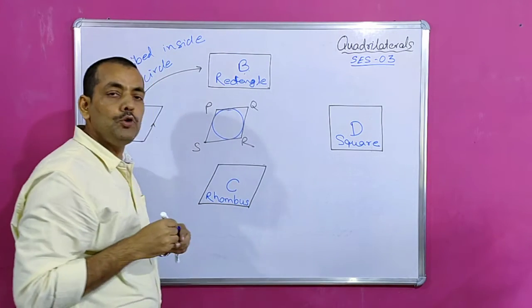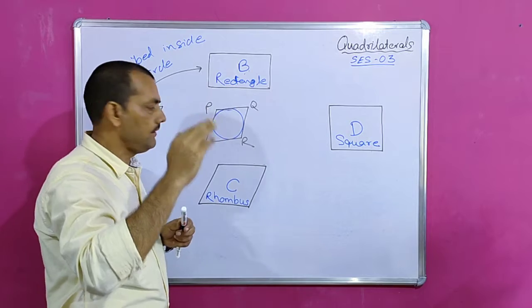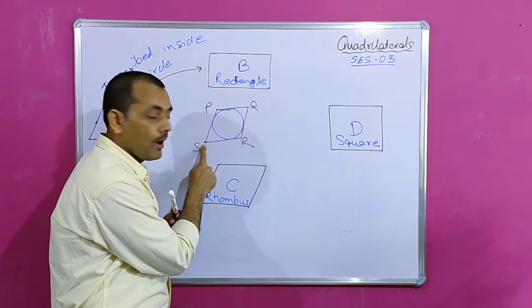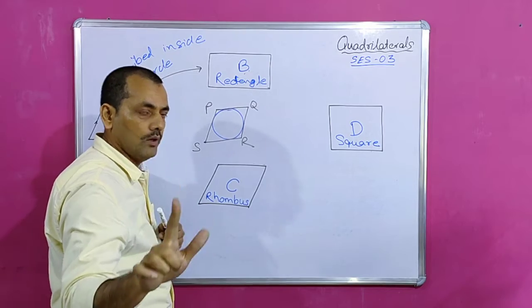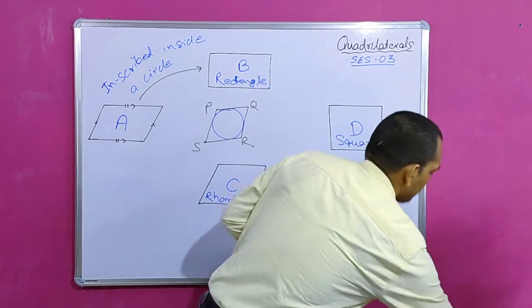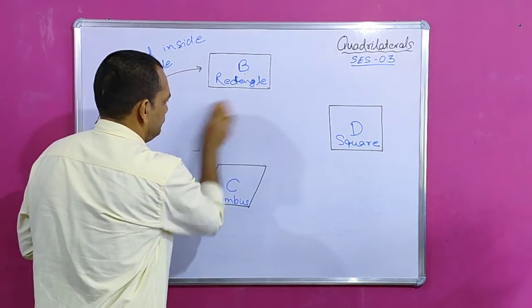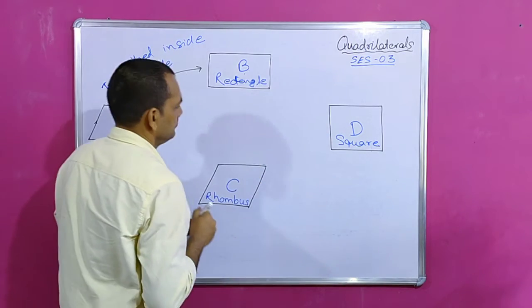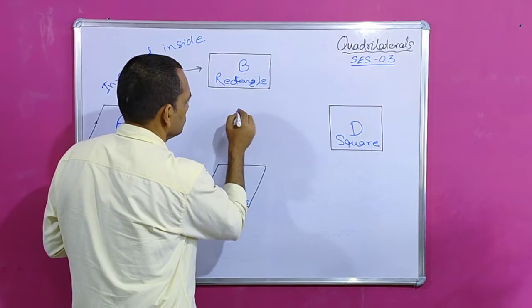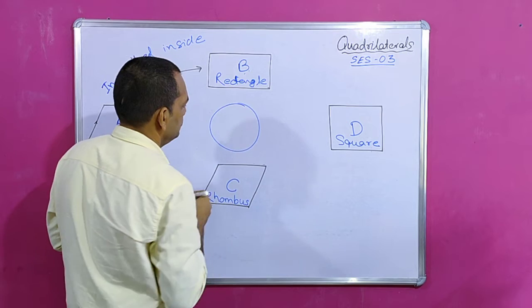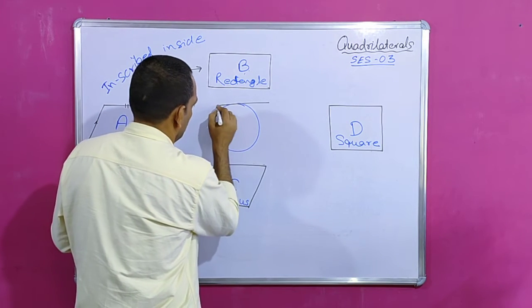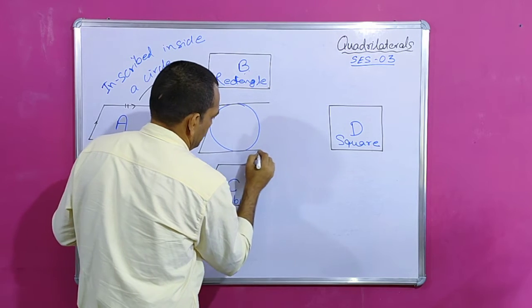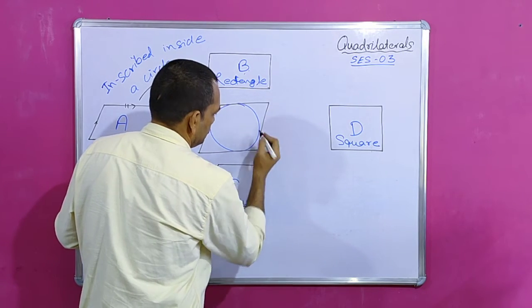For this, we have to use one property from the circle, where from any one point, the two tangents drawn are always equal. Let me make this figure a little bit bigger. This is a circle, and this is a parallelogram.